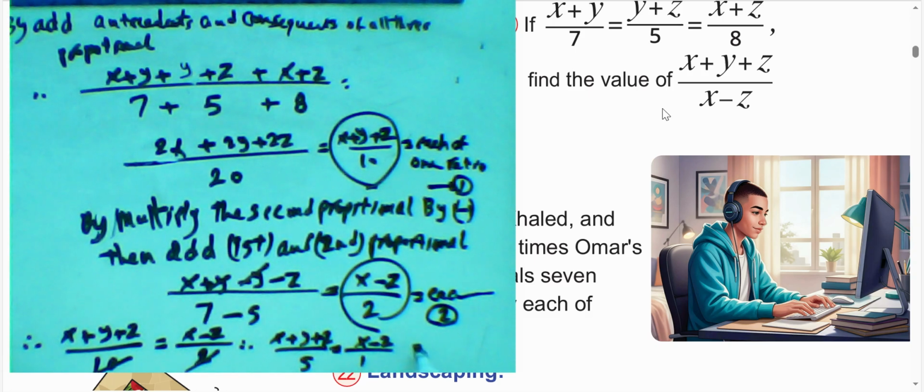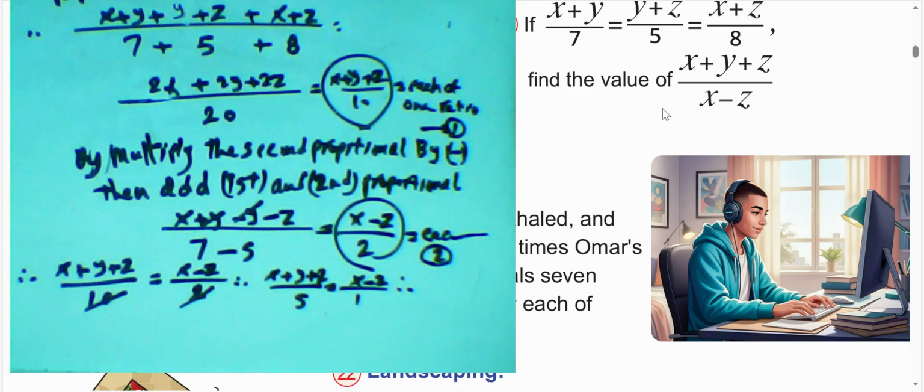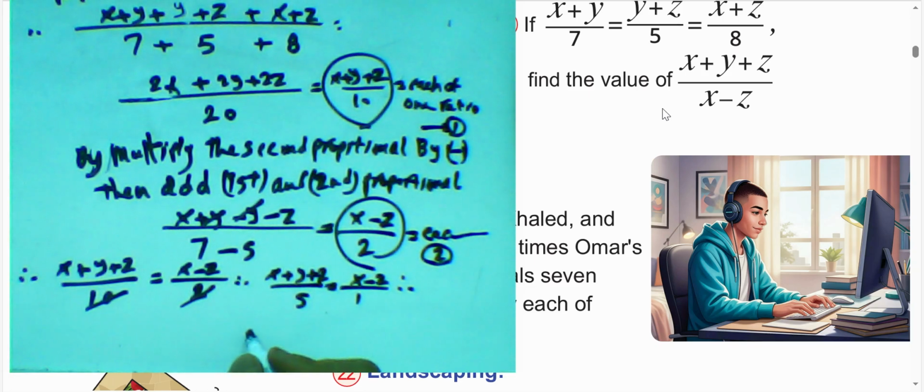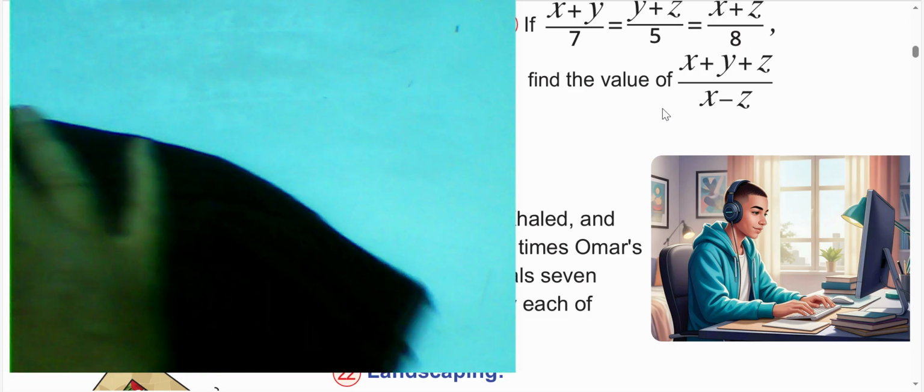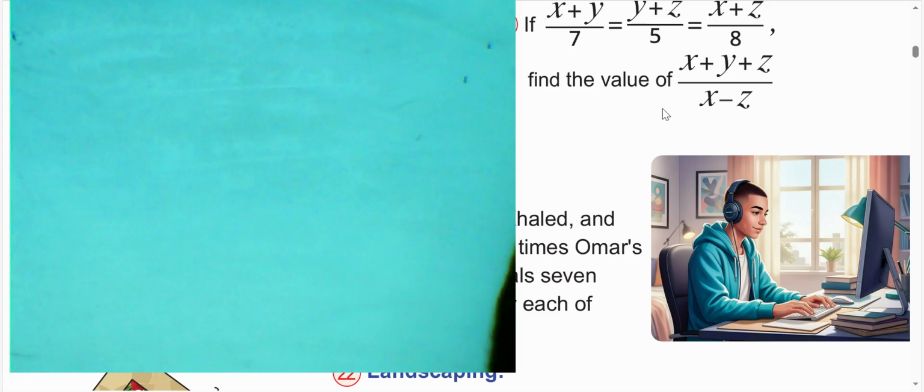We can simplify: if we divide x plus y plus z over x minus z, the result will be what? 5. Then the answer to this question will be 5. It's the value. Understood?